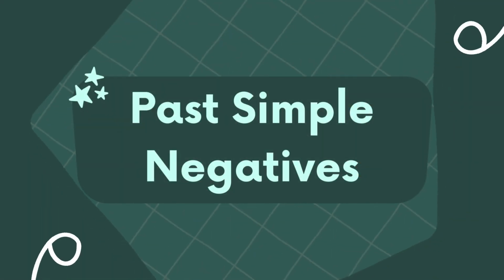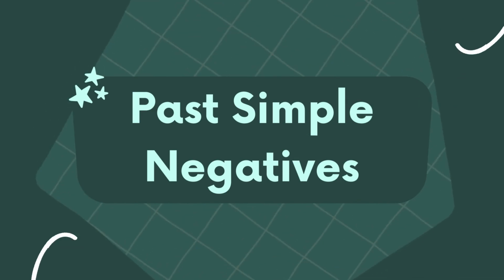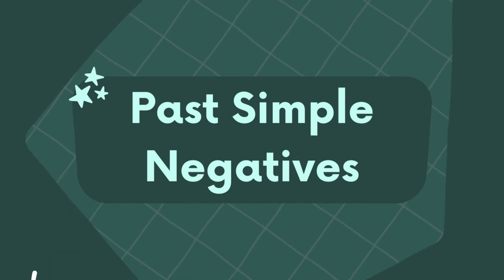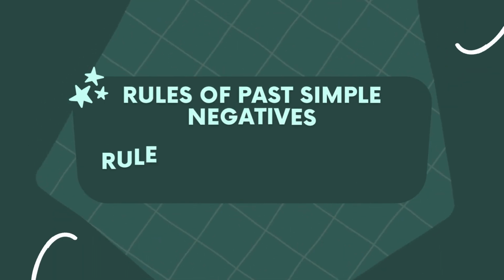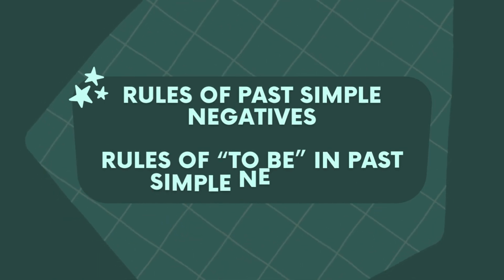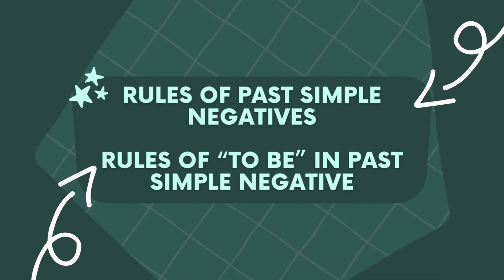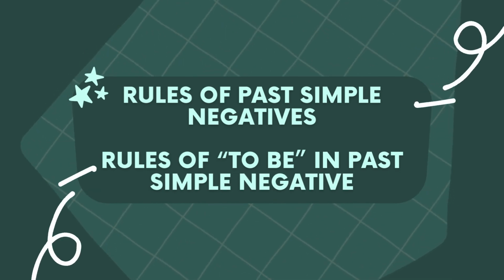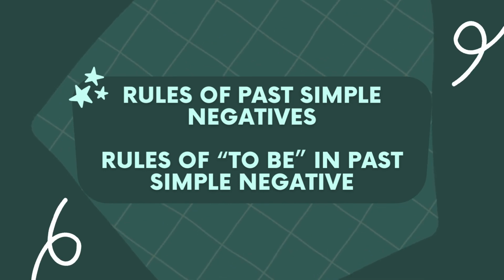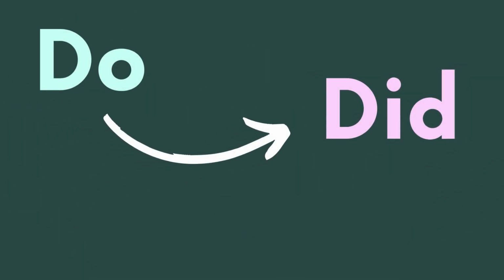And now, how to use the past simple tense as a negative. I am going to go over the rules of past simple negatives and the rules of to be in the past simple negative. The past tense of do is did.